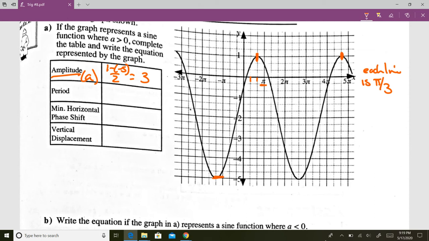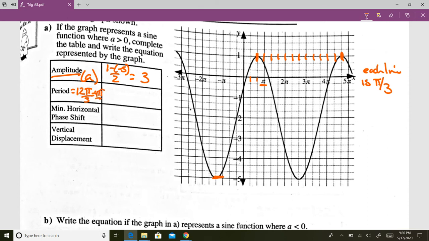Now, how many lines are between the peaks? 1, 2, 3, 4, 5, 6, 7, 8, 9, 10, 11, 12. So that means a period is 12 times pi over 3. What's 12 divided by 3? That is 4 pi.